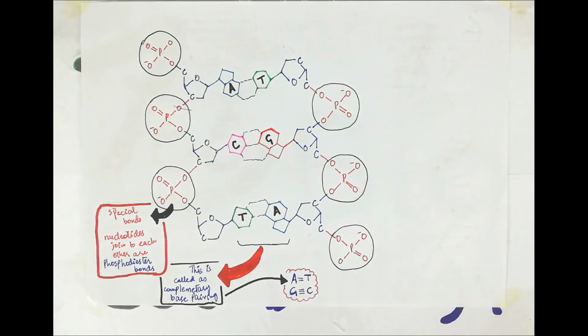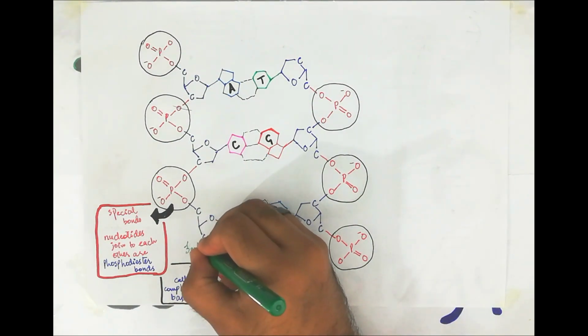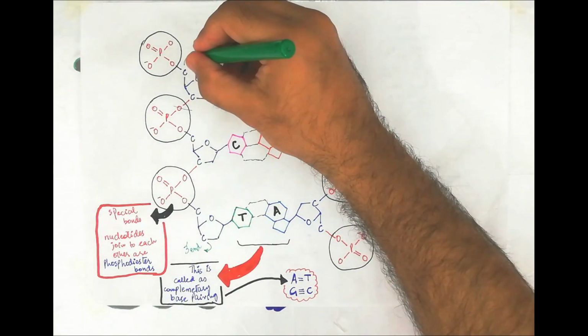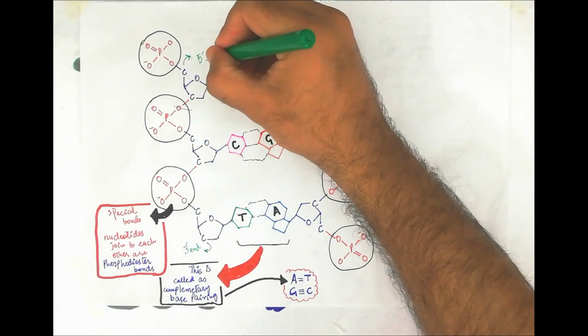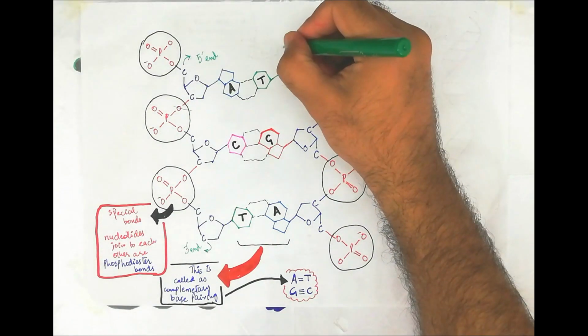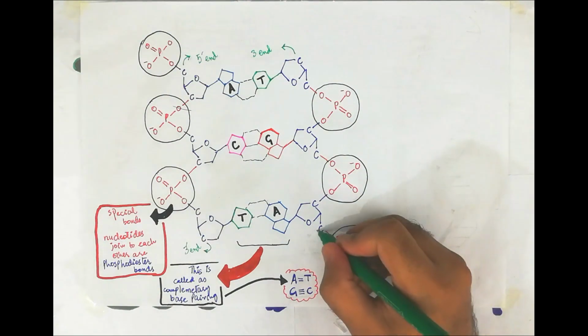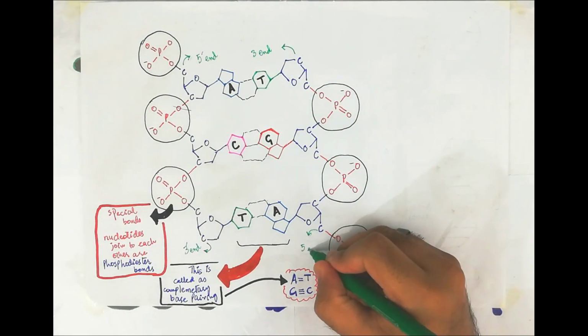Coming towards the direction of these strands. Now you can see that this strand here has carbon number 3 here and carbon number 5 is facing this direction. Now the opposite strand has 3' end at the top and 5' end at the bottom.